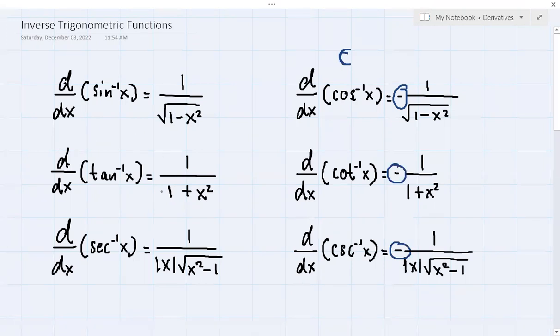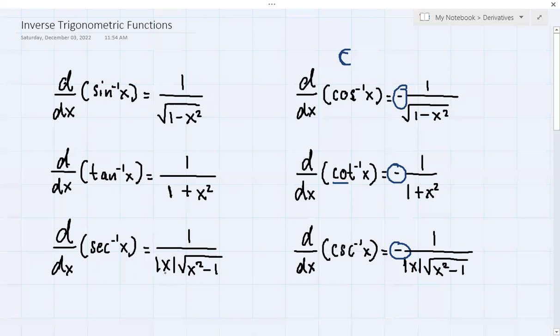Next, sa second row, meron tayong tangent x, di ba? So ang derivative ng arc tangent x ay 1 all over 1 plus x squared. Then meron tayong cotangent, okay? Arc cotangent x, sa kanya naman ay negative. So negative 1 all over 1 plus x squared. And sa last row, meron tayong derivative ng arc secant, di ba?